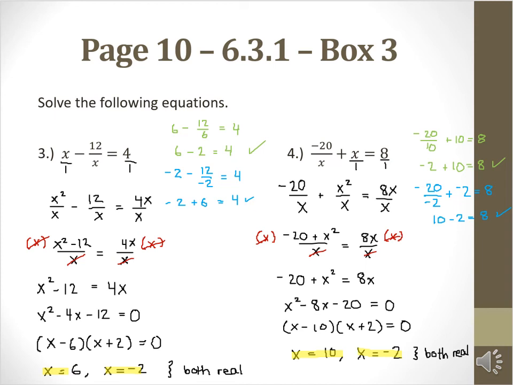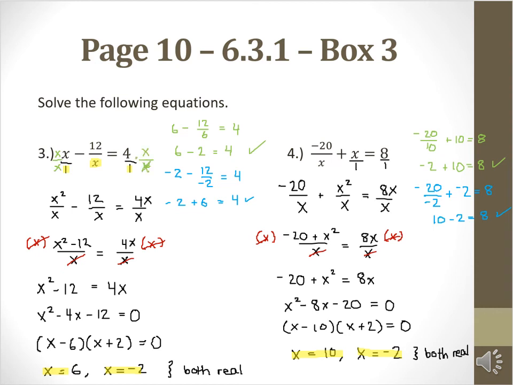So looking at problem 3, I see that the 12 has a denominator of x. The other two terms, the x and the 4, are only divided by 1. So in order to get common denominators, I need everything to have a denominator of x. So I'm going to multiply the x by x over x, and I'm going to multiply the 4 by x over x.